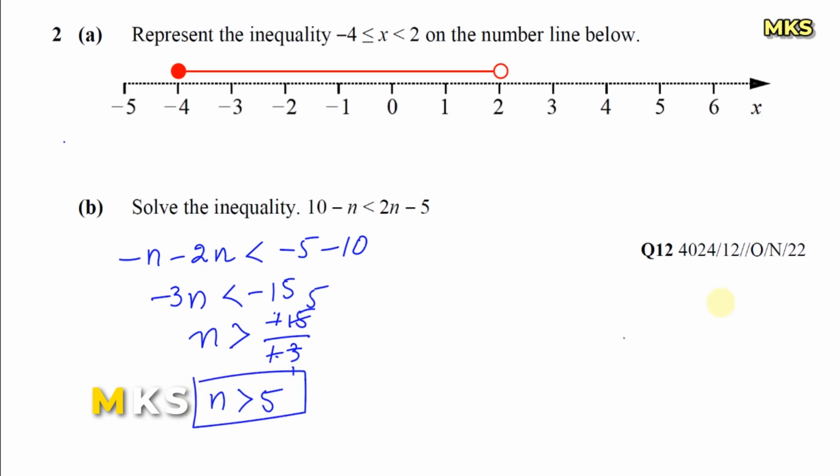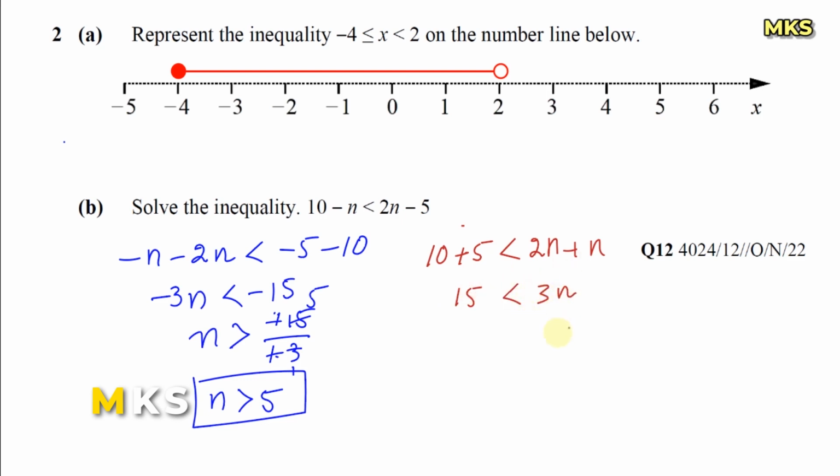The other approach could be to avoid this reversing of the sign of inequality. We shift 5 from right to left and negative n from left to right, because when negative n is shifted from left to right, it will become positive. So 10 plus 5 is 15, less than 3n.